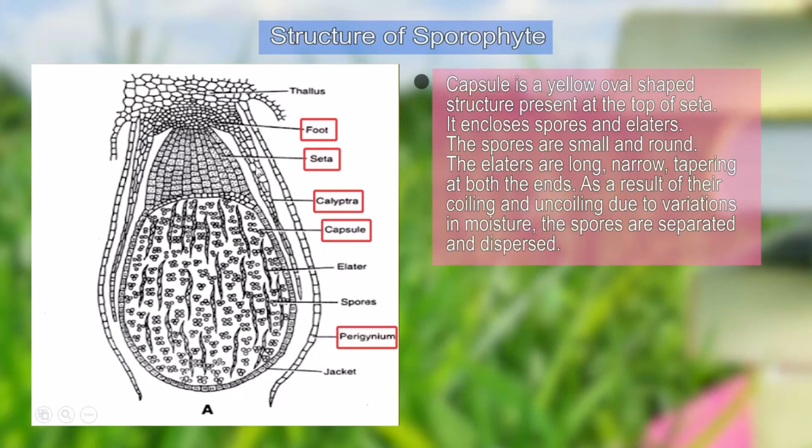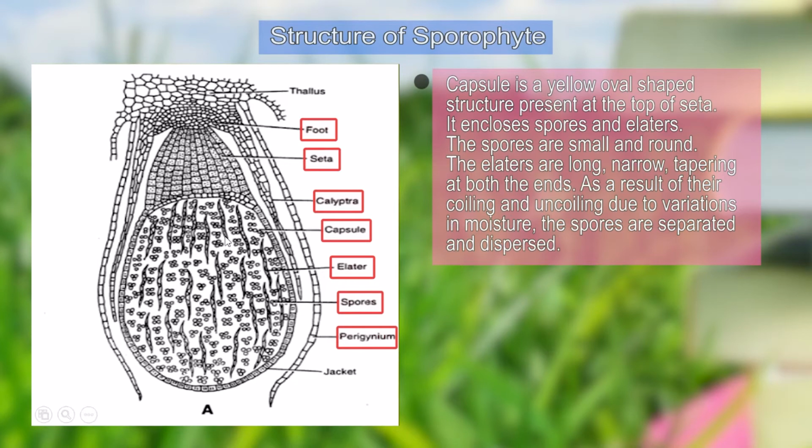Let us move to the capsule. This oval-shaped structure present at the end of the seta is the capsule. The capsule is a yellow oval-shaped structure present at the top of the seta. It encloses spores and elaters. The spores are small and round. The elaters are long, narrow, and tapering at both ends.